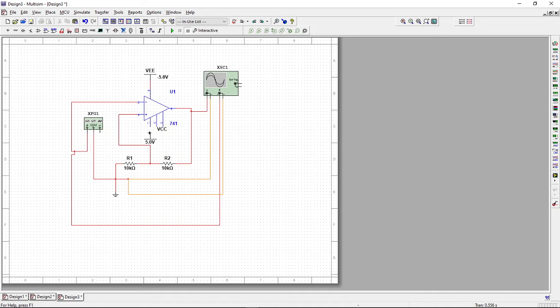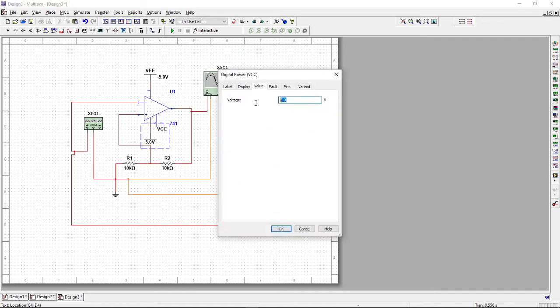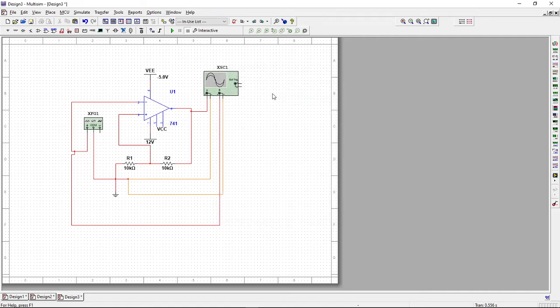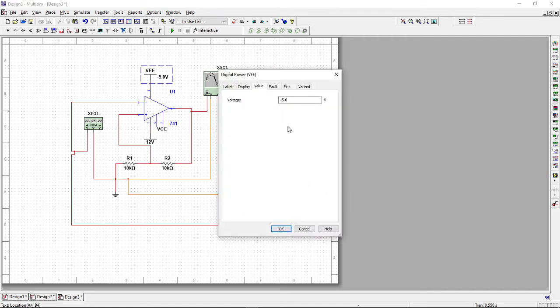To reduce confusion, I am inverting the source and connecting it to the seventh pin, and VCC is set to 12 volts, and VEE as minus 12 volts.